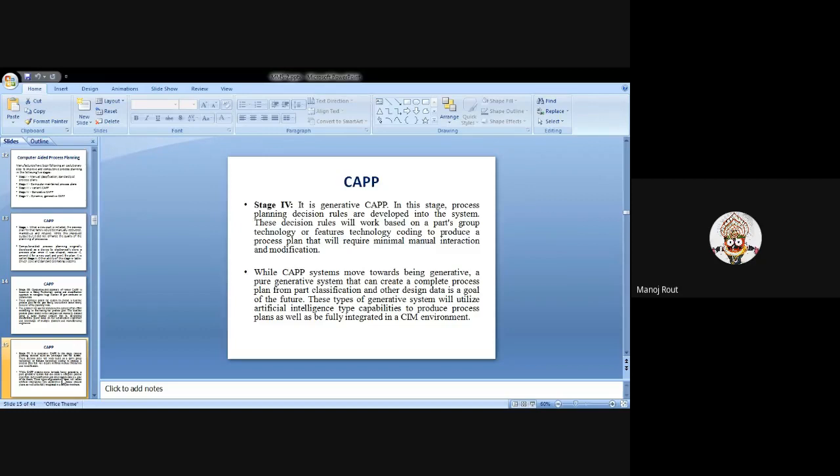These data are kept for future use in case the customer requires the same amount and same specification of product. So this type of generative system will utilize artificial intelligence type capability to produce the process plan, as well as a fully integrated computer integrated manufacturing environment. So why am I telling this in case of CPET and CTDC?